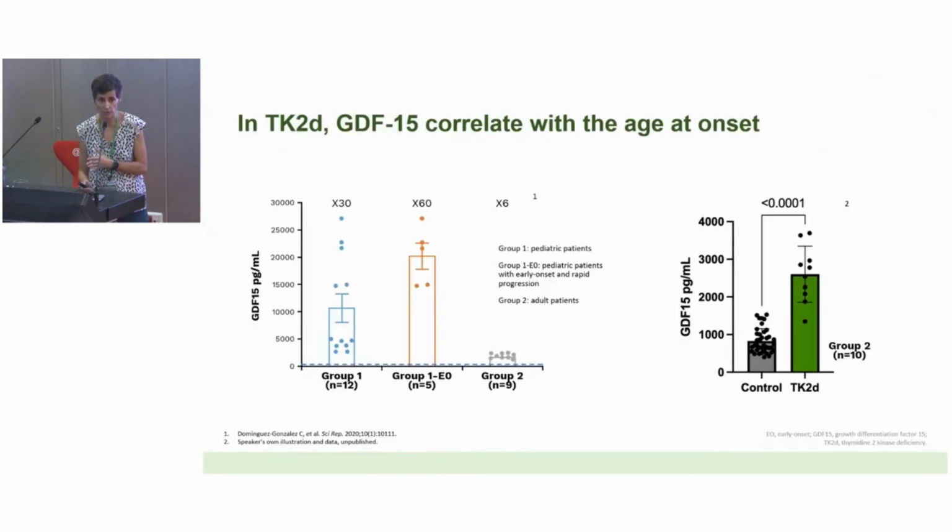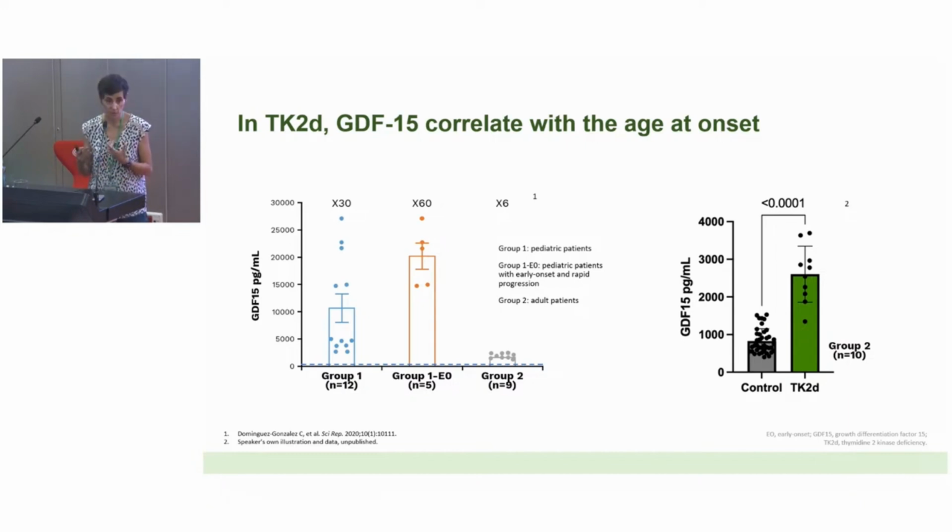In fact, we have studied GDF15 in more detail in the subgroup of patients with TK2 deficiency, and in these patients, we found that it correlates strongly with the overall severity of the disease. In fact, GDF15 correlates with the age of onset. Patients with a very early onset, rapidly progressive disease with TK2 deficiency do have an increase of GDF15 of 60-fold, while patients with a late onset disease do have a 6-fold increase in GDF15.